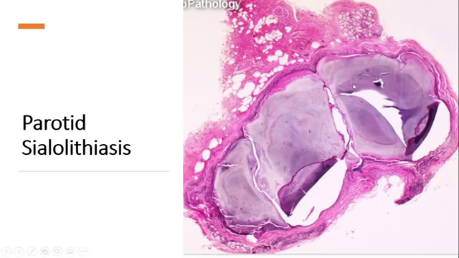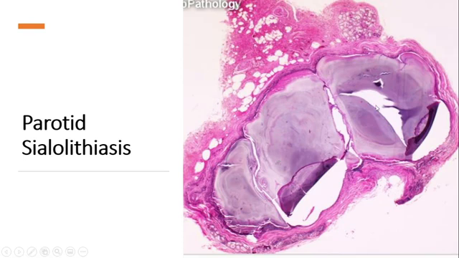This is a picture with dilated ducts filled with thickened secretion and calcified secretion resulting in stone formation, intraductal stone formation within the dilated duct with secretion and chronic sialadenitis. Sialadenitis is inflammation of the salivary gland tissue, whereas sialolithiasis is the formation of stone.